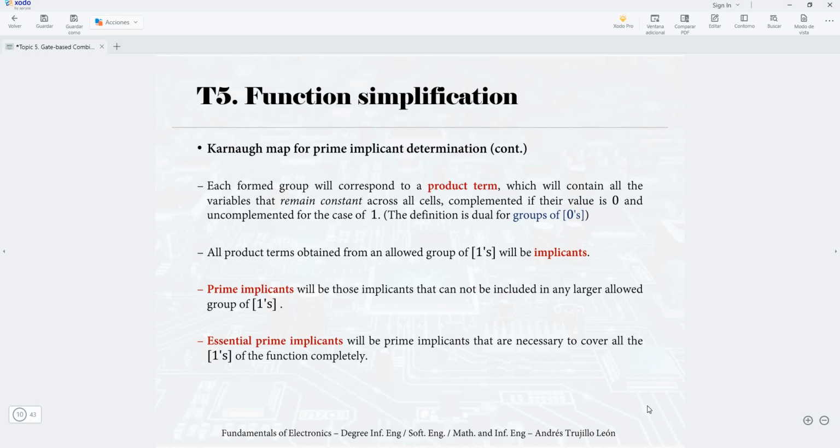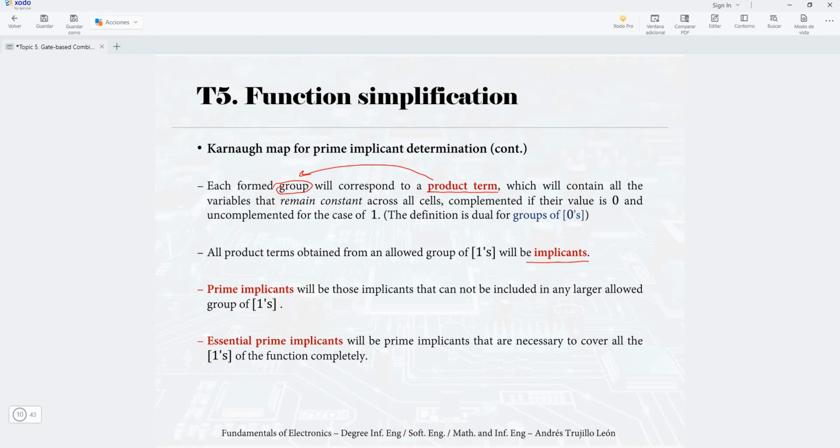We are going to continue with the definitions. Each product term that is linked to an allowed group of 1s, or each sum term linked to an allowed group of zeros, is going to be either an implicant or an implicate. Remember that an implicant is a product term such that if the product term is 1, the function is going to be 1. So obviously we are forming product terms in the ones of the function, so they are going to be implicants because they are ones.